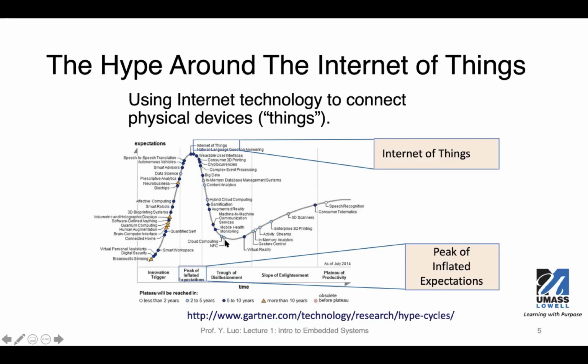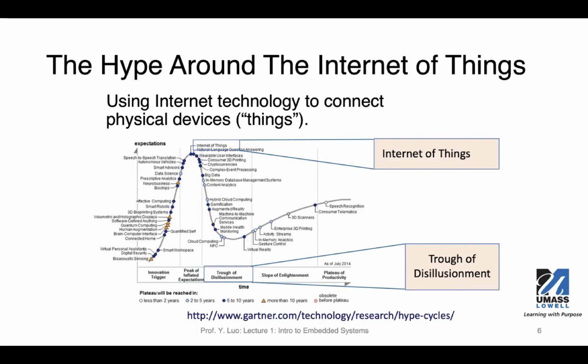So Internet of Things is also going through this kind of hype. There's a peak of inflated expectations, and eventually it will go through this curve by overcoming the challenges and becoming a ubiquitous technology.